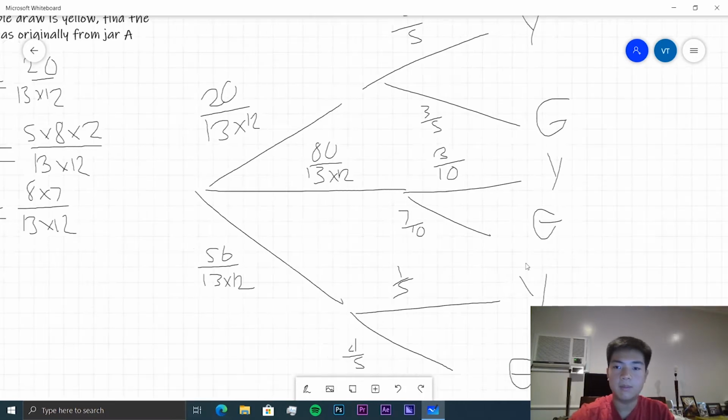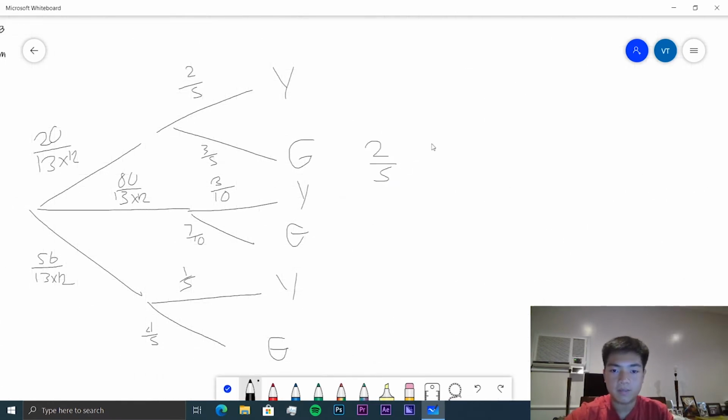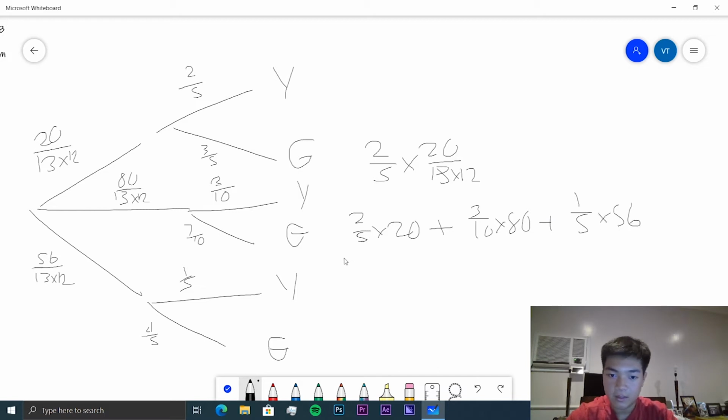So to get the probability that a yellow marble was drawn, we get 2/5 times 20 over 13 times 12. Or in other words, since we all have the base probability here, it's 2/5 times 20 plus 3/10 times 80 plus 1/5 times 56 over 13 times 12.